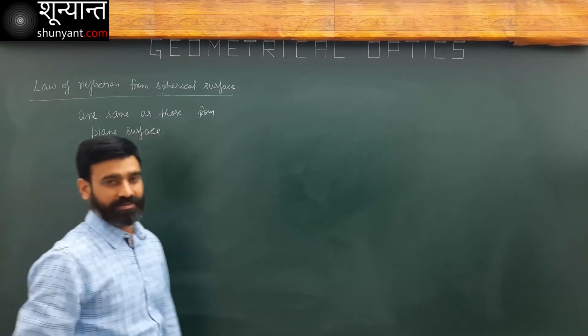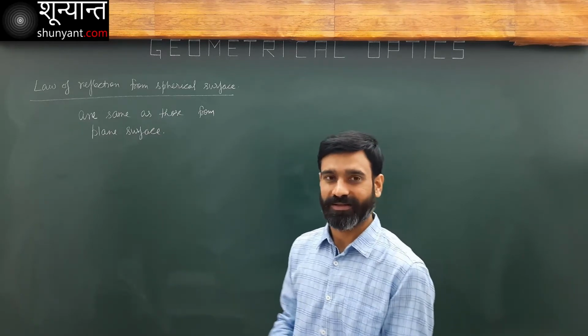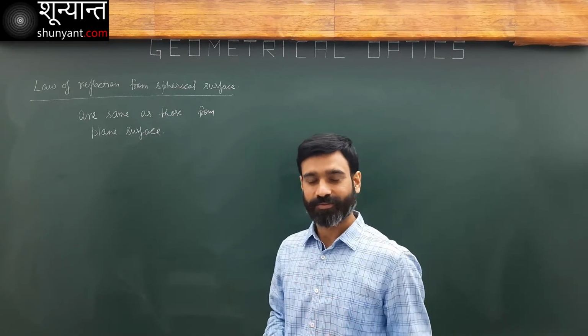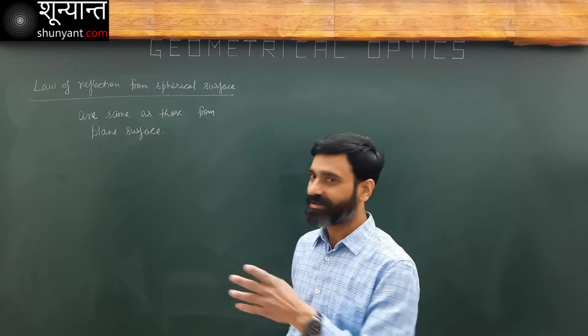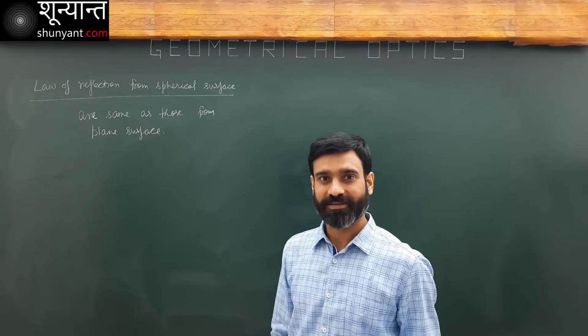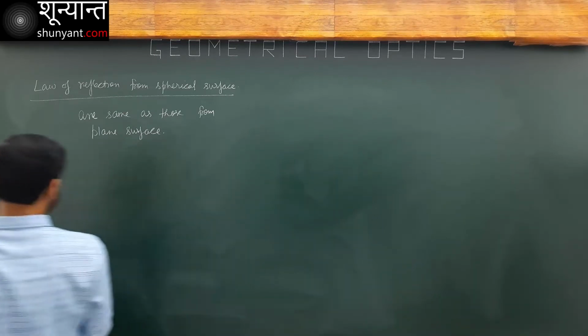From plane surface, laws of reflection remain the same, they do not change. Exactly same laws for any surface, not only plane and spherical, but any surface. Laws of reflection remain the same. Now, let's try to understand.